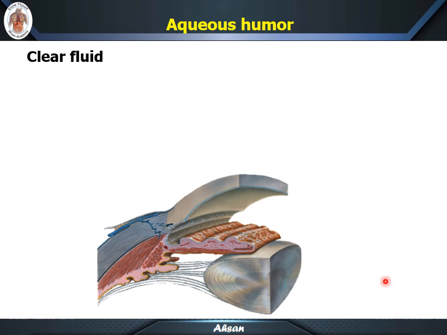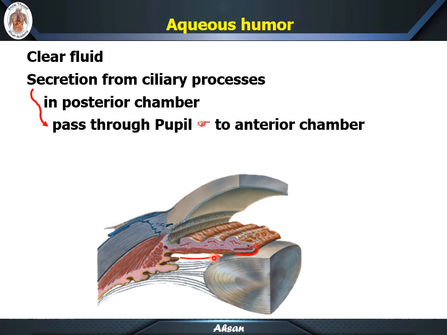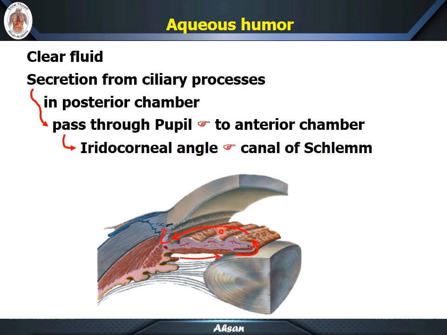Aqueous humor is the fluid that is present in this area and the anterior part. This is the ciliary processes, part of the ciliary body. The ciliary process is covered by cells and contains very rich capillaries, and from here the aqueous humor is produced into the posterior chamber, and it circulates through the pupil to the anterior chamber, and this fluid goes to the iridocorneal junction.